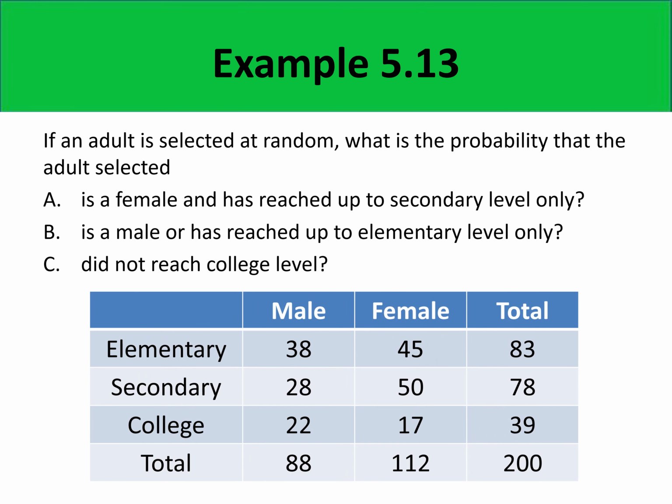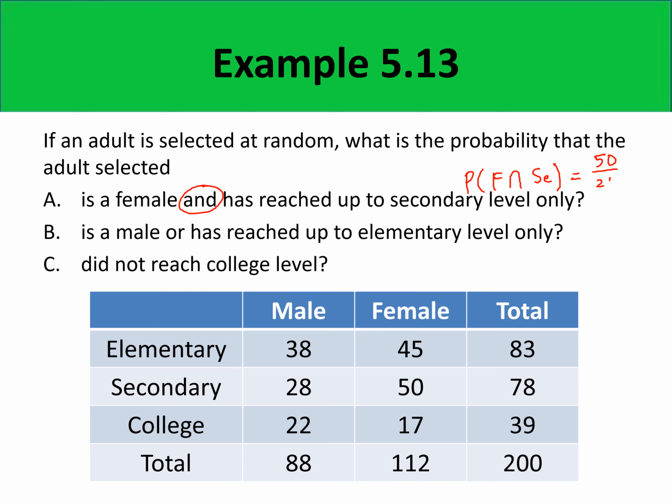The first item is intersection. So it's the intersection of females and those adults who have reached up to secondary level only.